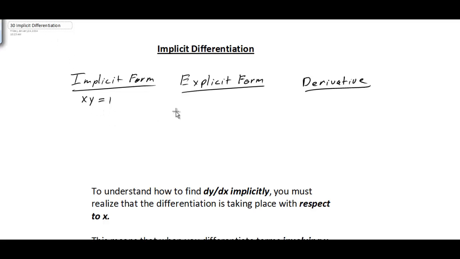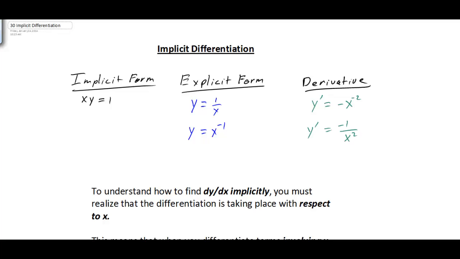So what we have been doing, if the equation wasn't solved for y, we could rewrite this as the explicit form, and we could simply divide both sides by x, so we get 1 over x, and we could rewrite this as x to the negative 1, and we could easily take the derivative using the power rule, and we would have negative x to the negative second power, or we could write this as simply negative 1 over x squared.